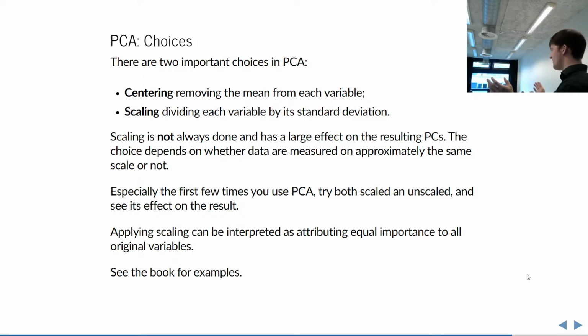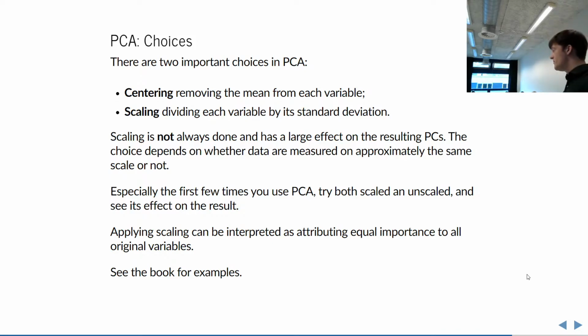And if you square large numbers, then you're going to end up with larger numbers. So the variance depends on what scale you measured something. If I measure something in meters, the variance is different than if I measure something in kilometers. So if you have variables of different sources measured on different scales, that's what scaling is for, and then you should scale.